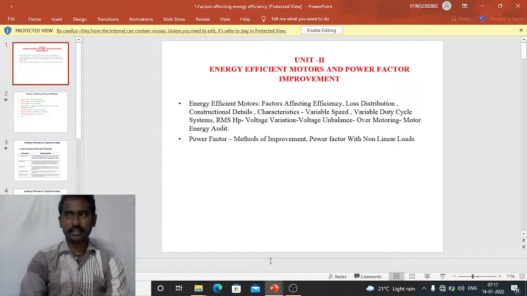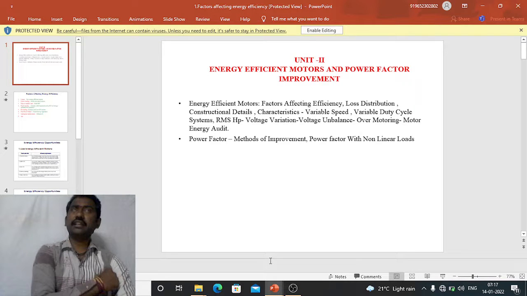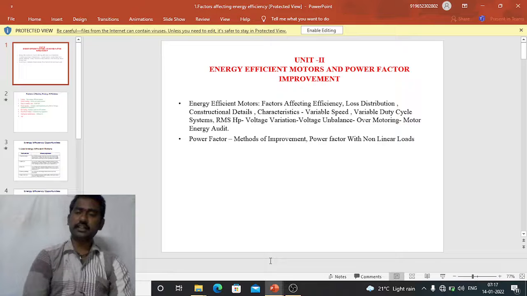We also discussed the various diagrams, that means Sankey diagrams, load profile diagrams and pie charts, what is meant by cost index and energy index, and the BEE standards, like that.